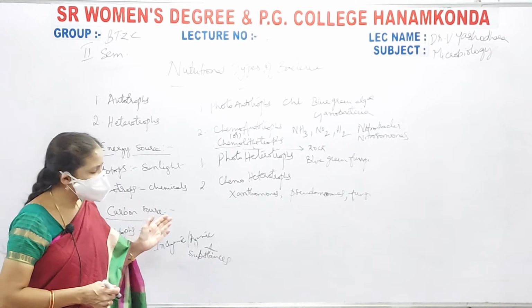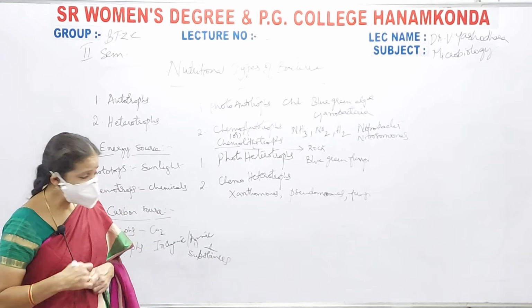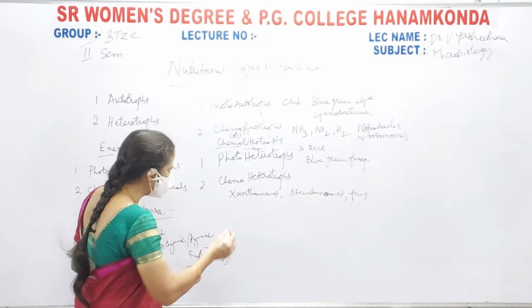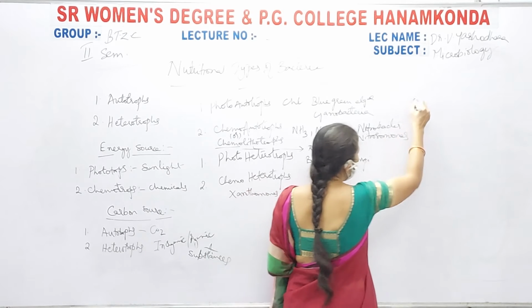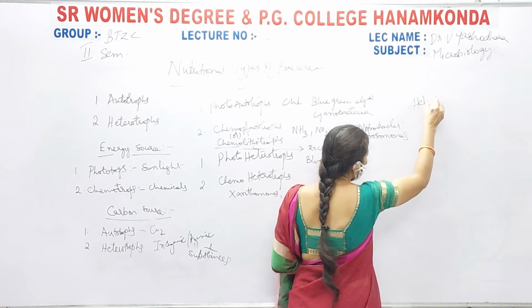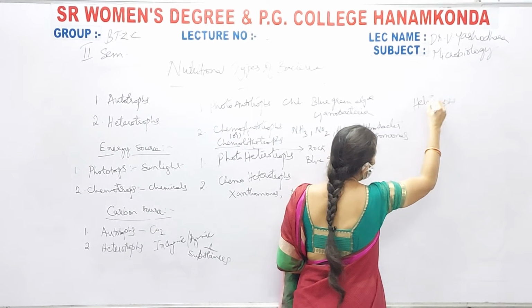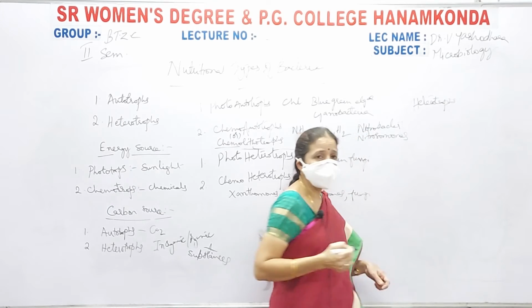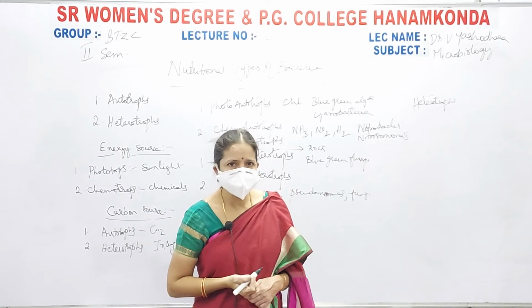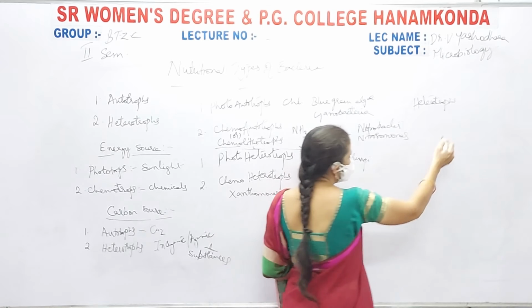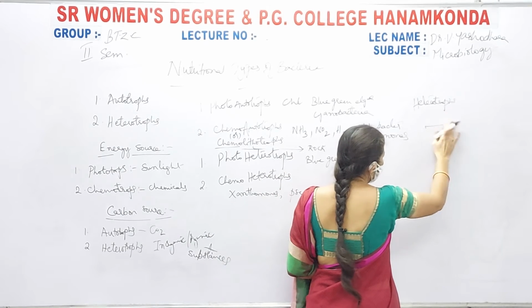This is another type of classification. Coming to the next one, the heterotrophs. See here, heterotrophs show another type of classification. Heterotrophs are again classified into three types.